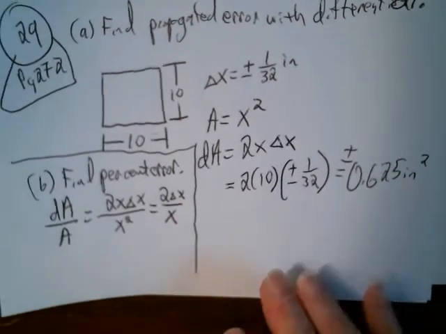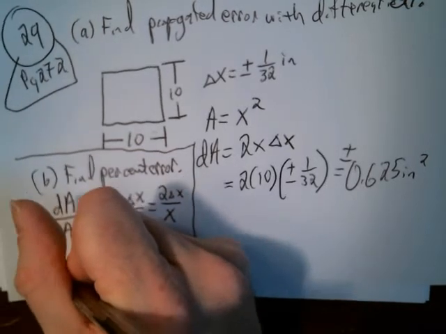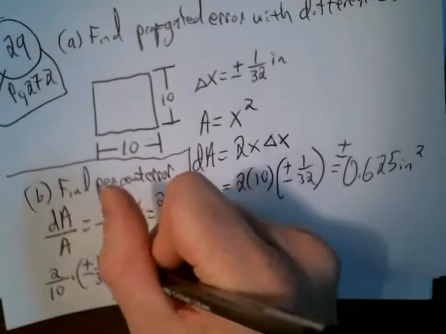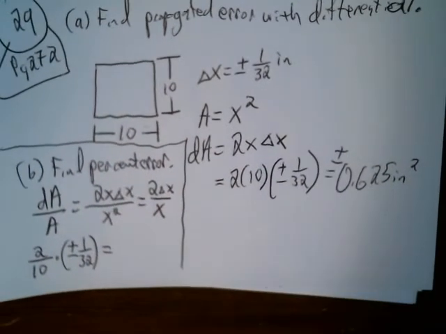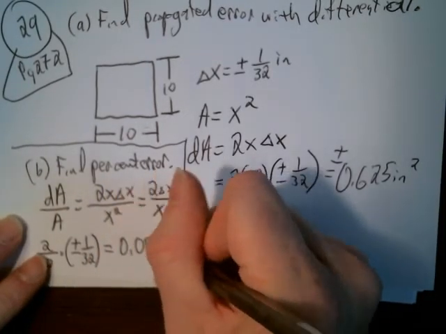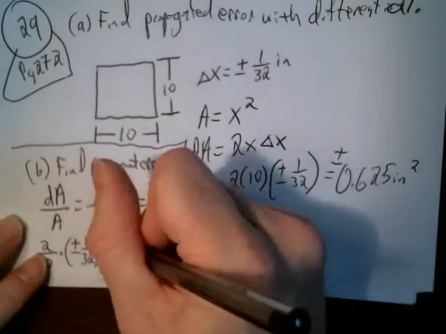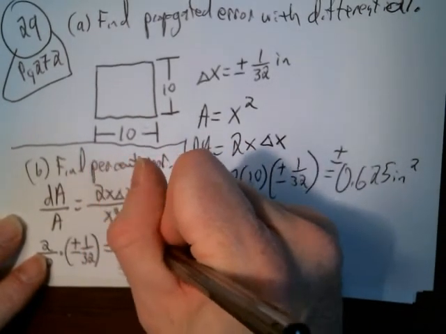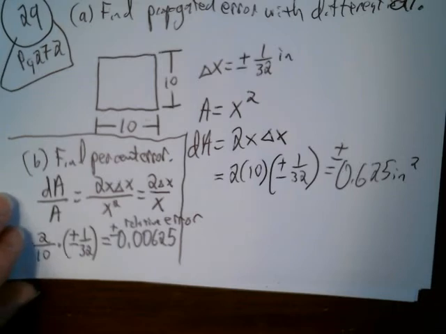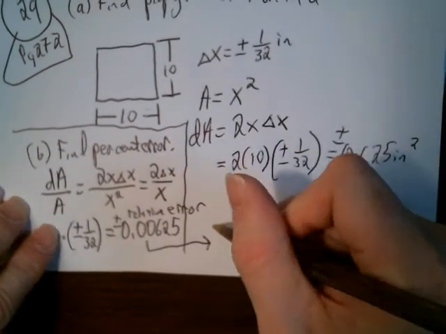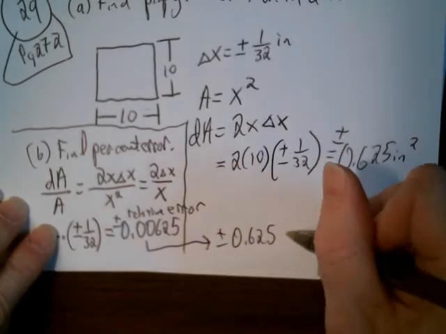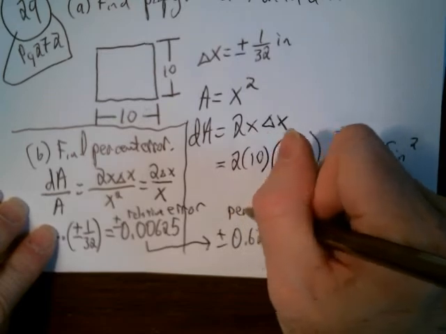Putting in our information, we have 2 all over x, which is 10, times plus or minus 1/32. And that will equal 0.00625. This is the relative error, and it's plus or minus. And then if you multiply that by 100, you get the percent error. So plus or minus 0.625% is the percent error.